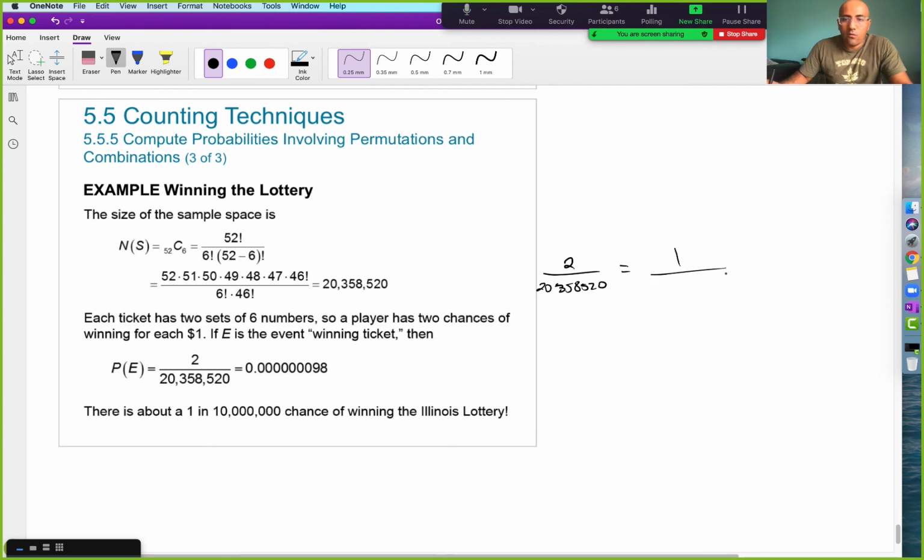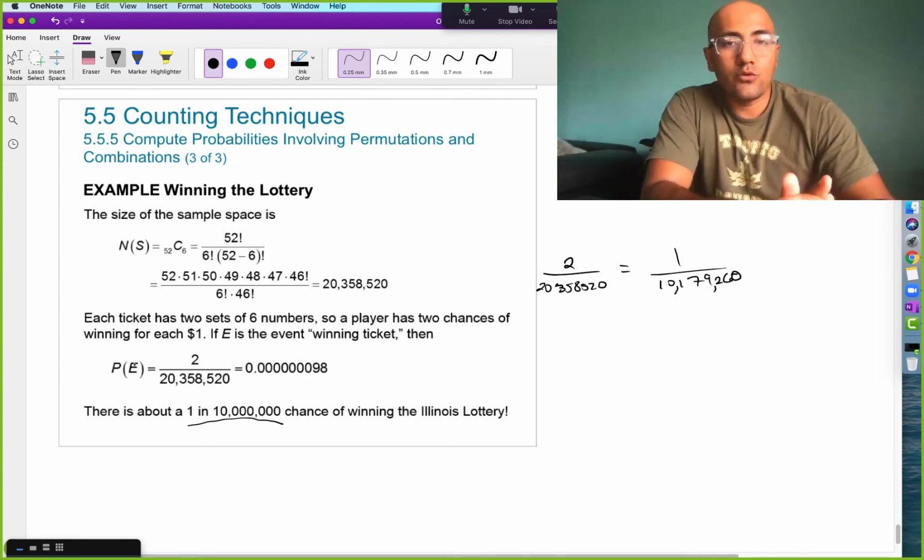If we divide it, we get 1 over 10,179,260, and they're just saying that that's approximately 1 in 10 million. That's where they get this. The odds of winning are about 1 in 10 million. We could also say that it's 2 in 20,358,520, which is about 2 in 20 million, which reduces to approximately 1 in 10 million. Good. So we want to use all these counting techniques in order to bring them back together and do probabilities.